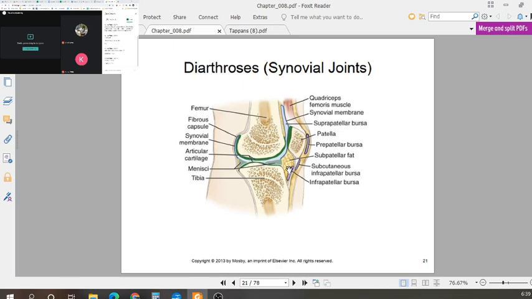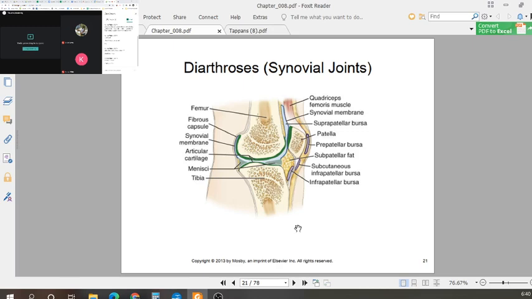The whole part where this bone, as well as the patella, can slide in front of this bone, we have a synovial membrane. And then we have the bursa there for extra protection. And we have a layer of fat adipose tissue for extra cushioning as well. So that's what it kind of looks like.